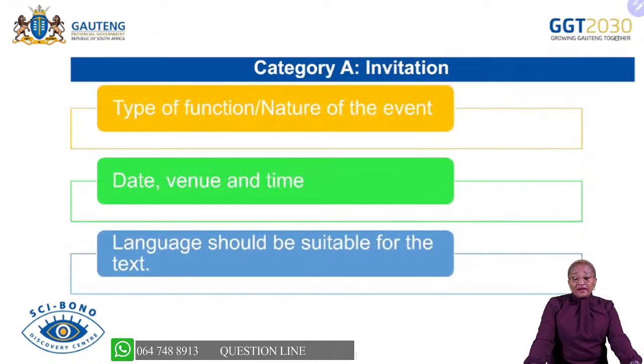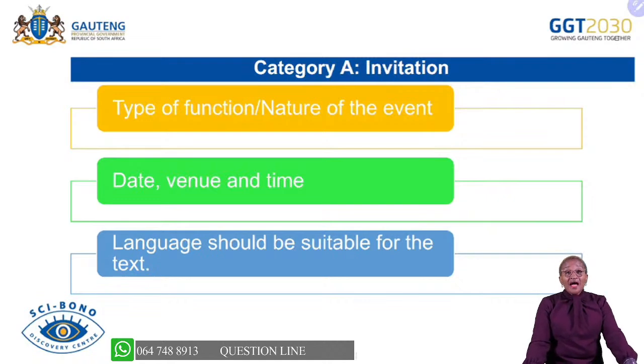Let us quickly have a look at a brief summary of what is expected of you so as to write a good invitation. The first thing that you need to take note of is the type of function or the nature of the event. That is very, very key.